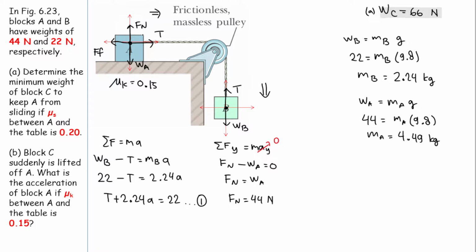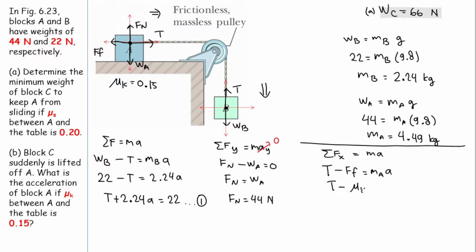Okay, and then let's do another analysis, this time on the x-axis. We'll have sigma F, the net force on the x-axis, equal to the mass times acceleration of this block. It will be pulled by this tension, so I have T minus the force of friction, equal to the mass of block A multiplied by the acceleration. T is unknown, and Ff is mu k times Fn.